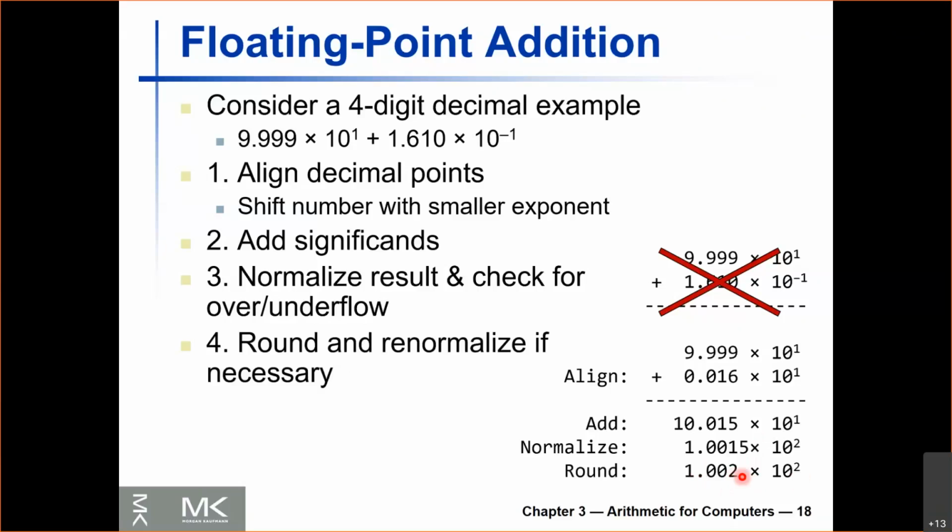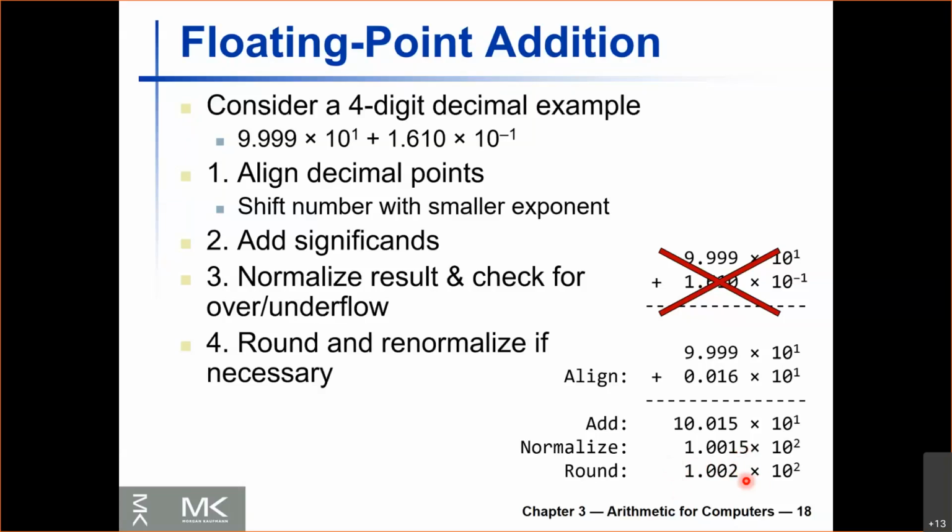Now, one thing to be aware of here is that rounding may cause my value to no longer be normalized. For example, if this value before rounding was something like 9.9998, then when I round, the rounding is going to result in overflow again, and I'm going to have to normalize and round again.